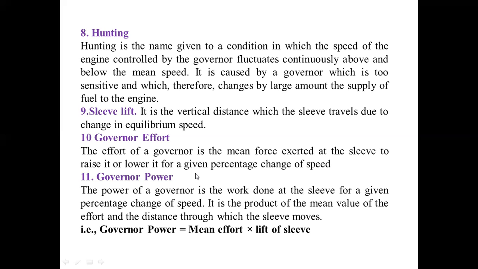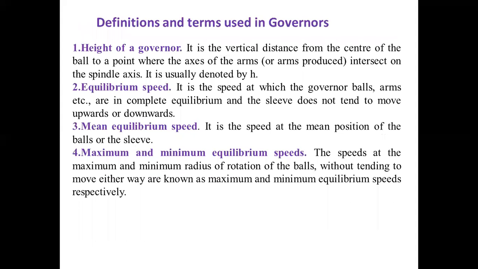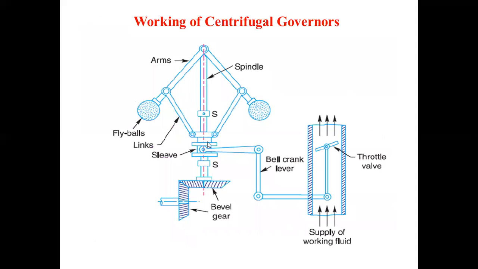Next, the ninth term is sleeve lift. What is sleeve lift? As we know, whenever the speed changes, that is increases or decreases, the sleeve starts traveling along the spindle.